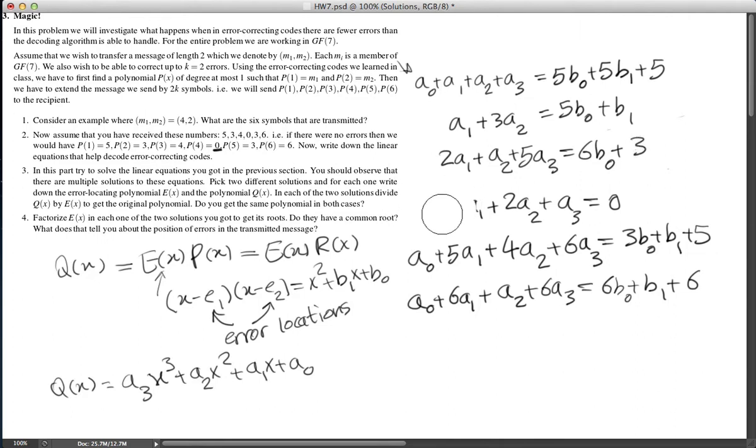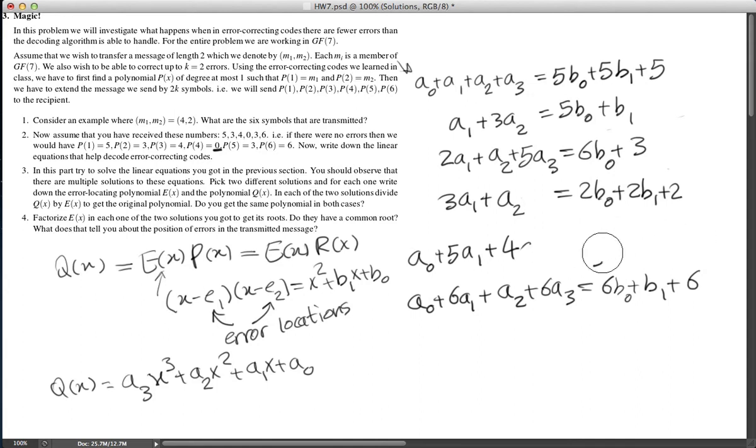Okay, let's go ahead and do this for the fourth equation as well. If I do this, I'm going to get 3a1 plus a2 plus, sorry, there is no a3 here again. This is equal to 2 times b0 plus 2 times b1 plus 2. I'm just going to go ahead and do this for the fifth equation as well. For this one, I'm going to get 4 times a1 plus 3 times a2 plus 5 times a3.